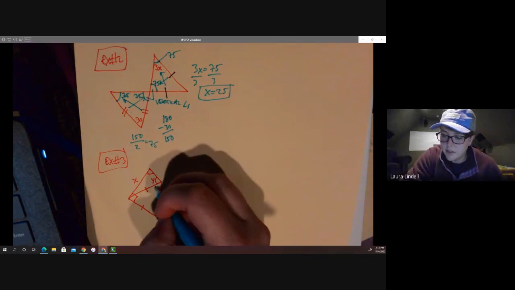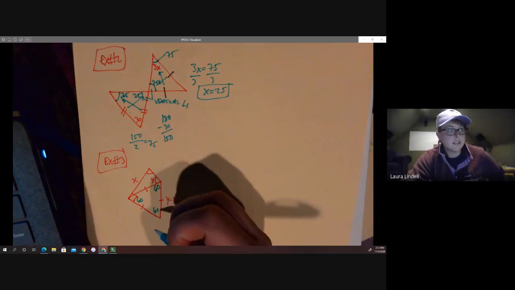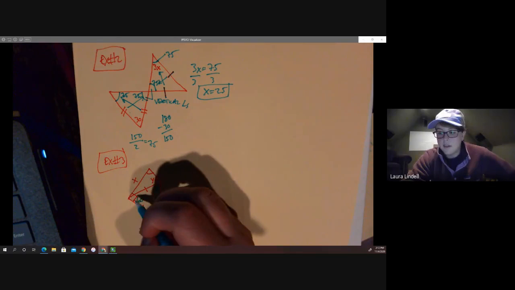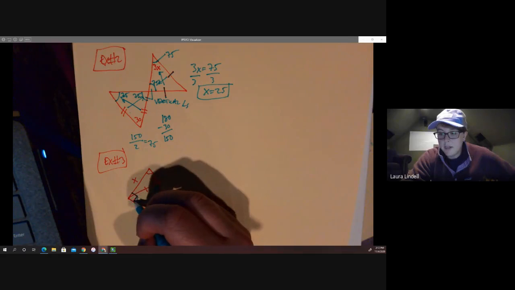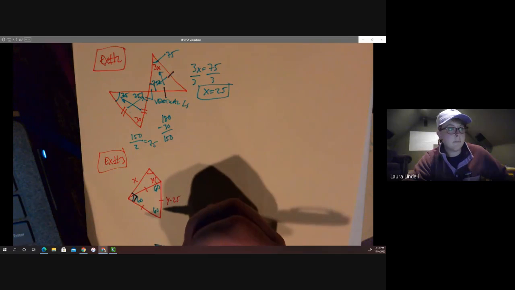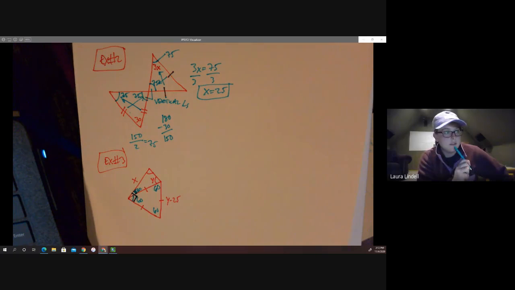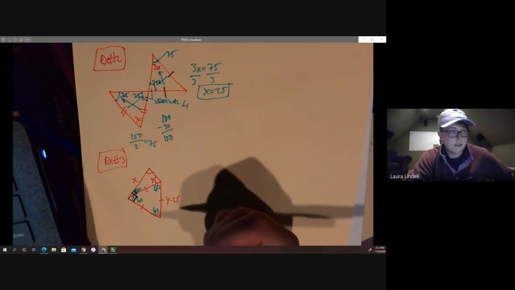So that means that this angle and this angle are all 60. And since this angle right here is a right angle, and this part of it is 60, that means that this part of it is 30. So we have that this is 30 and this is 60.